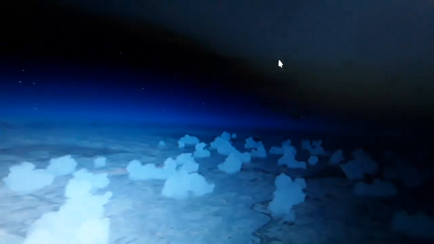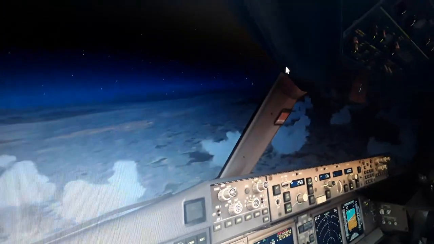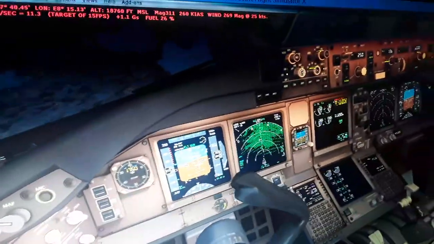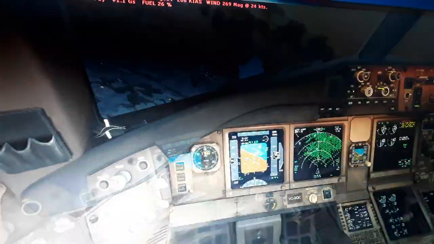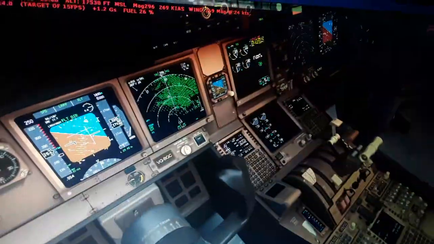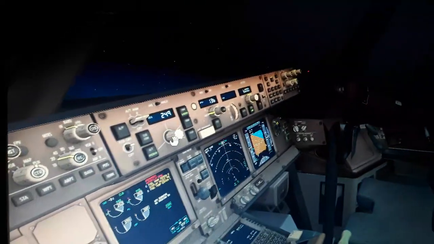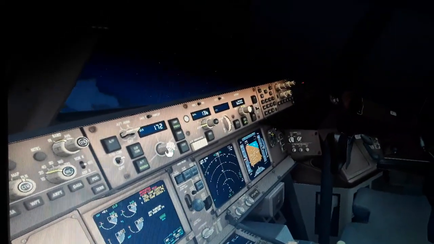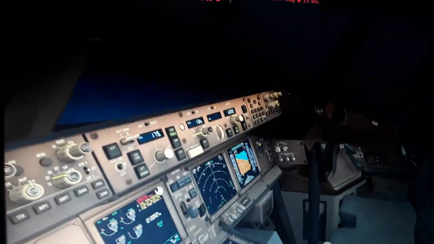We keep descending over here. I'm gonna use also lower airspeed now for approach. And also use some flaps.